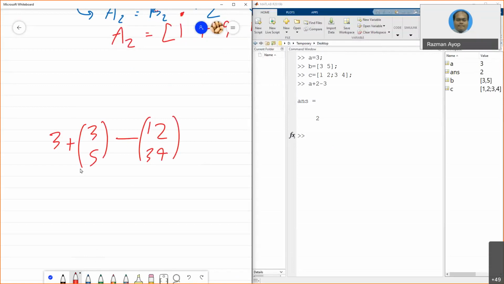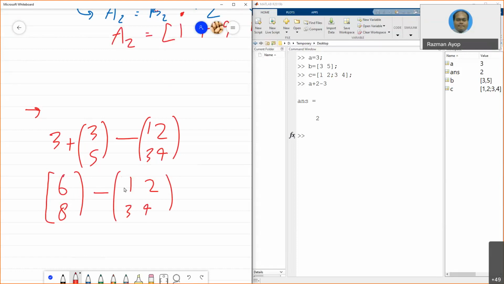So 3 plus 5 is, remember, when it comes to plus and minus, you have to do it from this side. So 6, 8. Minus 1, 2, 3, 4.